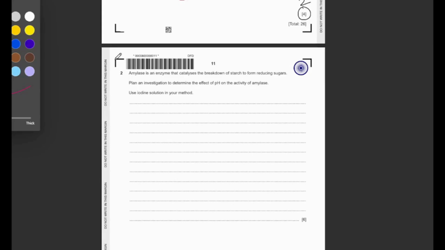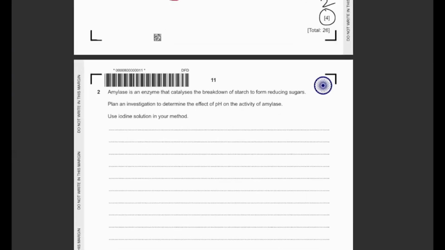Okay, amylase is an enzyme that catalyzes the breakdown of starch to form reducing sugar. Plan an investigation to determine the effect of pH on the activity of amylase.